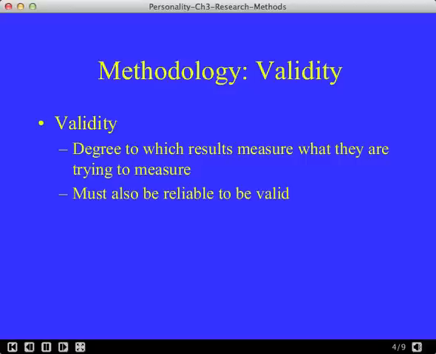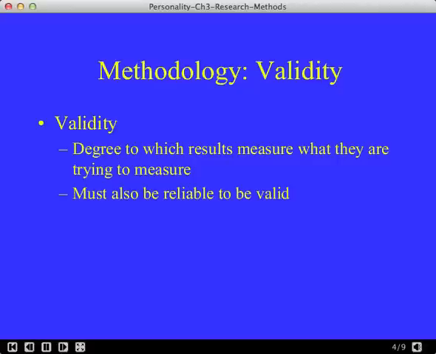A construct is an idea about a psychological attribute, sort of like a theory. A construct like intelligence, honesty, friendliness, or sociability affects a wide range of life performances, not just test performance. Construct validation is a research strategy that gathers as many different measurements of a construct as possible.